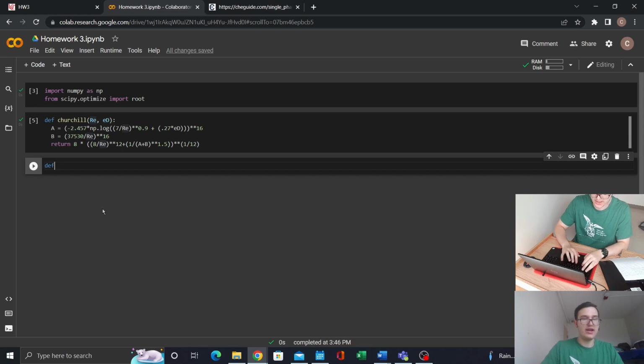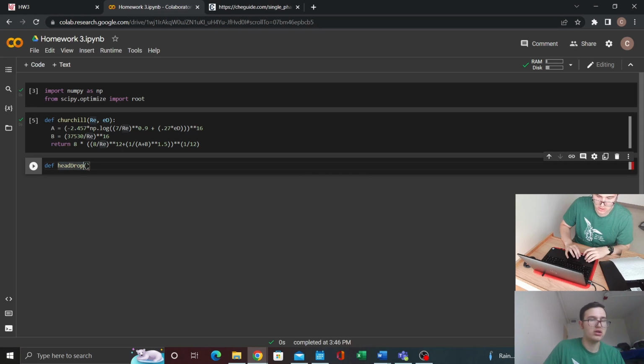Next, we want to define a head drop, our head drop equation. And for that, we're going to need the length of the pipe, the velocity, the diameter of the pipe, and the friction factor. So let's do F, friction factor.